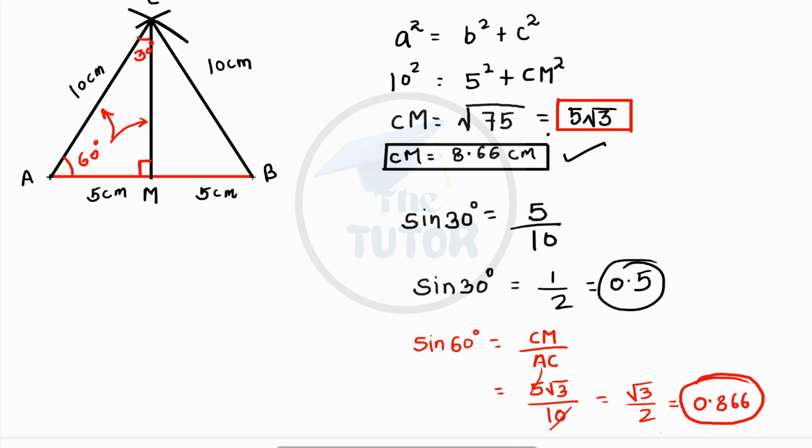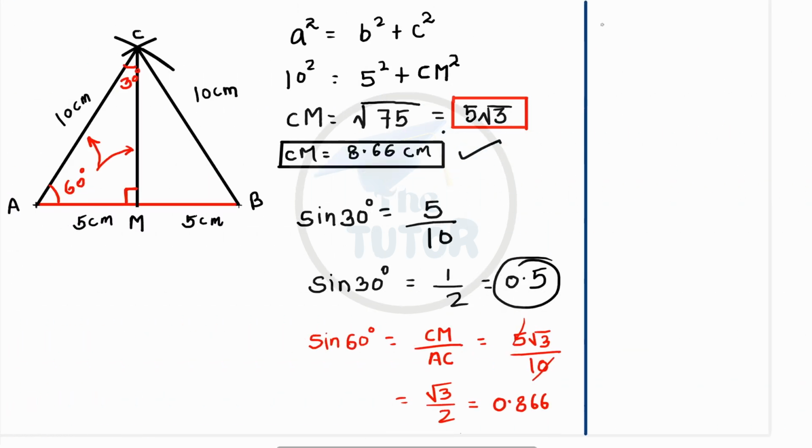What about if the ratio is different, like tangent 60 and tangent 30? What do you think it should be? Tangent is opposite over adjacent, right? For tangent of any angle theta, what ratios do we take?